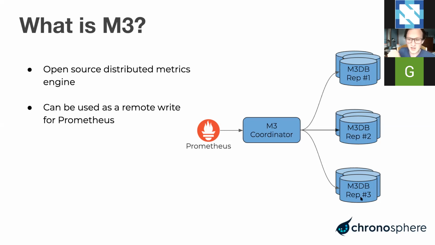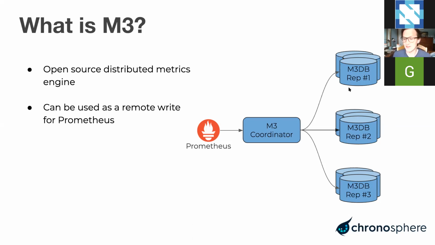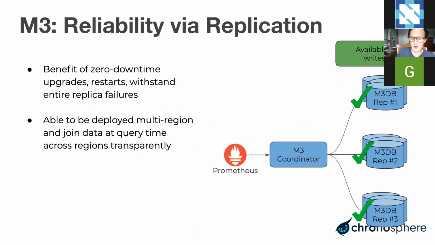And you can see here, this is an example where we have 3 different replicas of M3DB clusters, which allows us to have horizontal scaling capability because we can continue to add nodes to each of these replica clusters. And also because we're replicating the data, if some of these go down, we're resilient to failures. So we'll quickly walk through how those benefits actually play out.